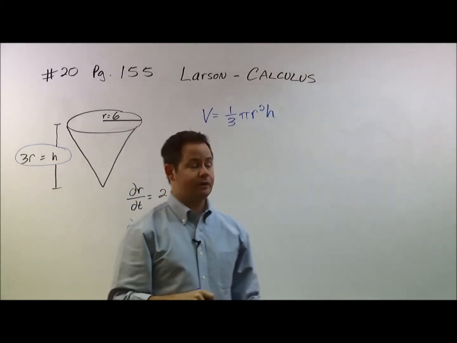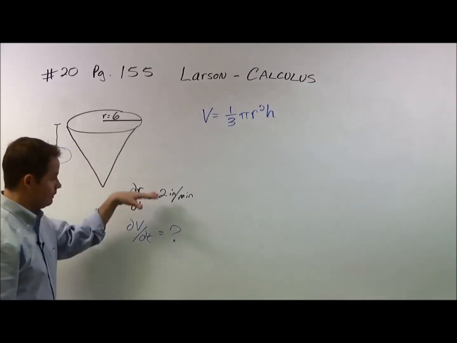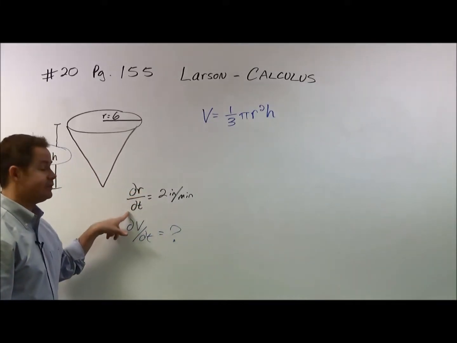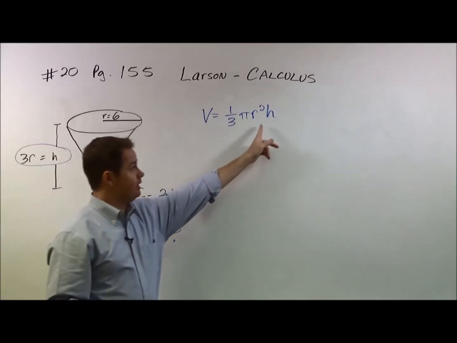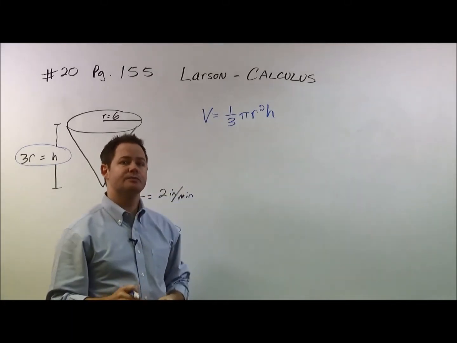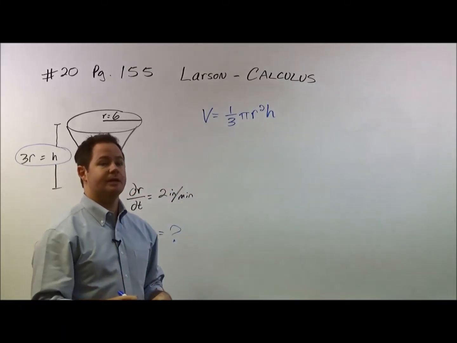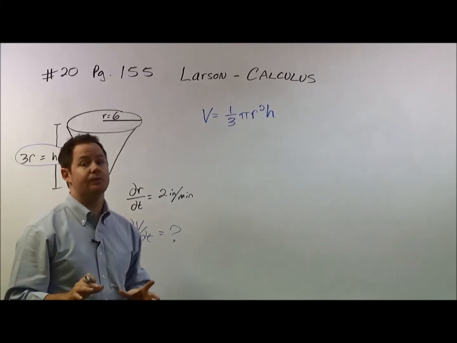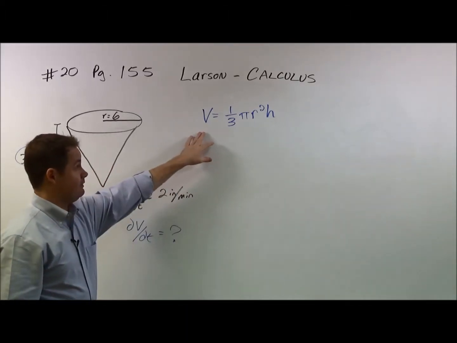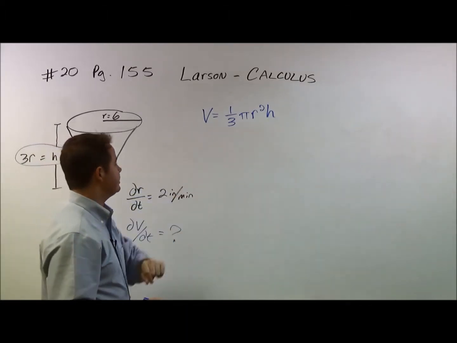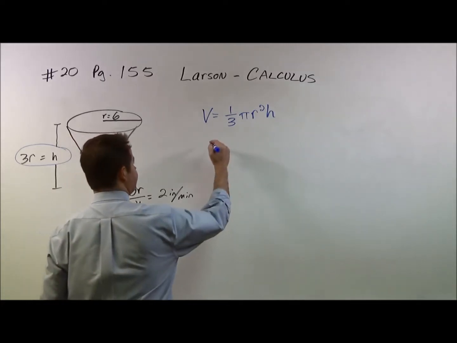We don't know a value for dh dt. If we look at what we have listed on the board, we only have dr dt. So if we can substitute in for h in terms of r, then dr dt will be all that we need in order to solve for dV dt. So let's go ahead and try that on this question.